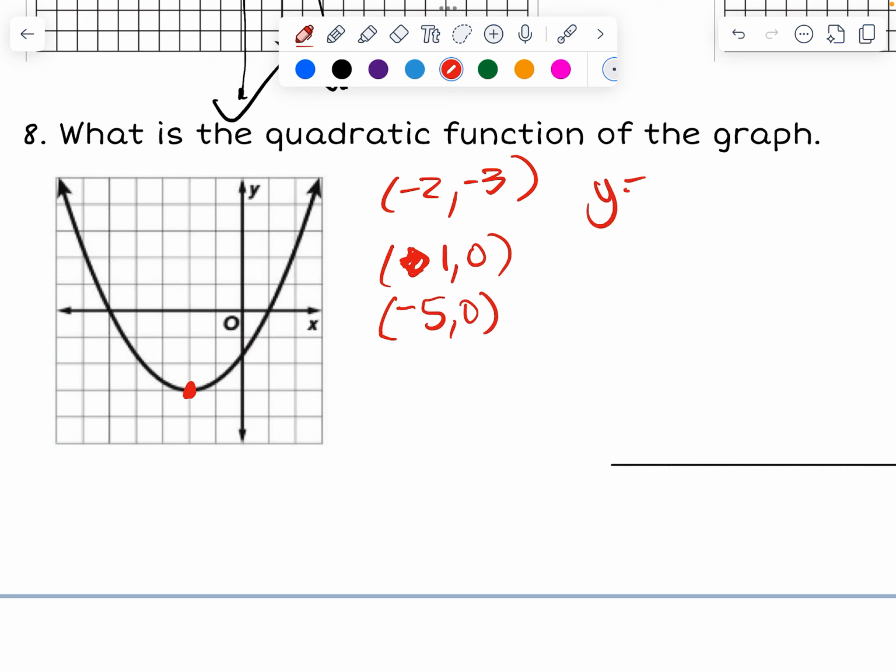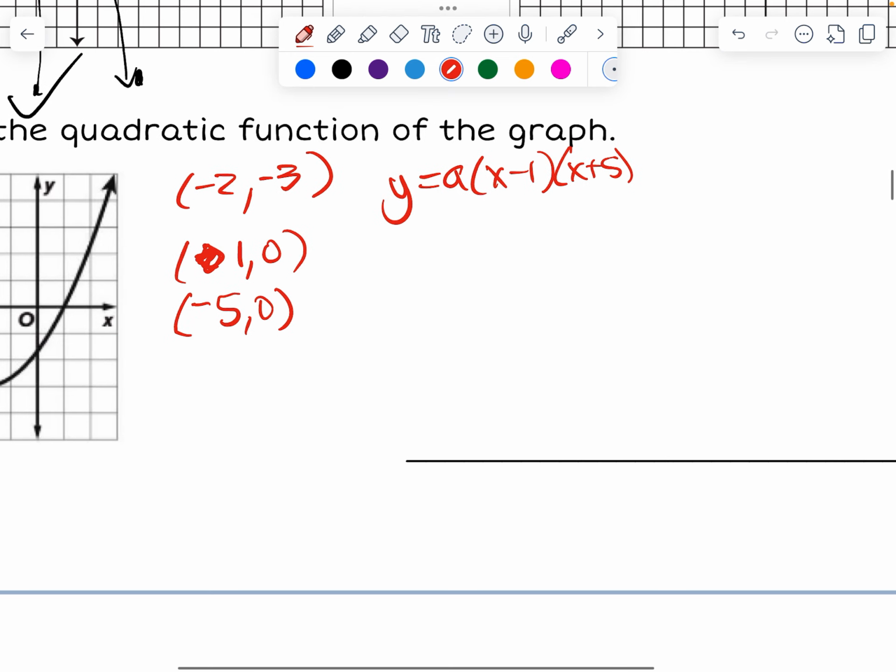So y equals a, x minus 1, x plus 5. So I replace my y value with -3. What am I doing? I replace my x value with -2.